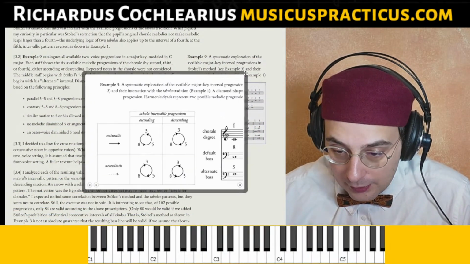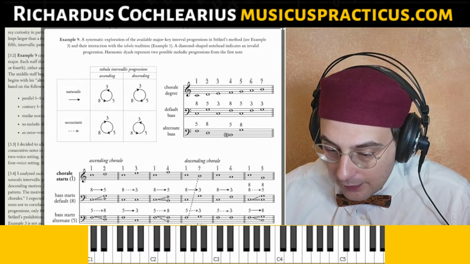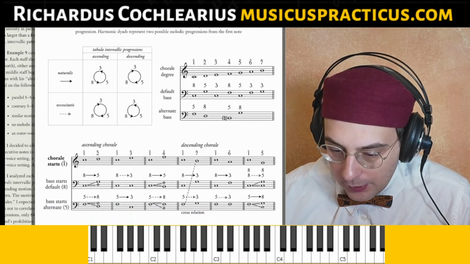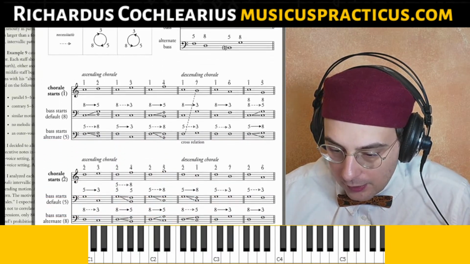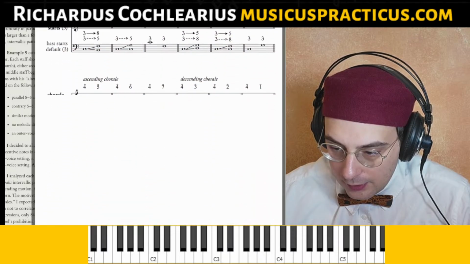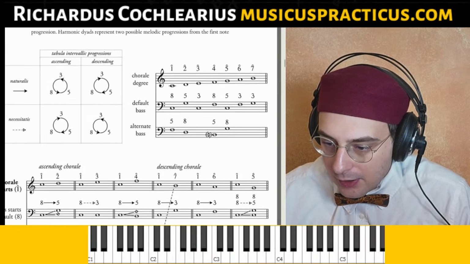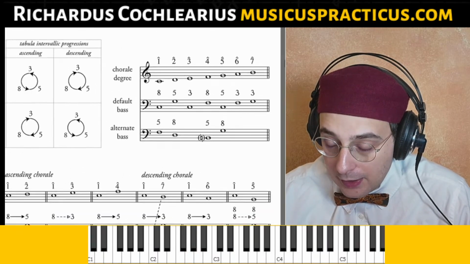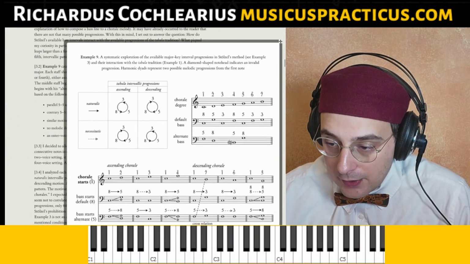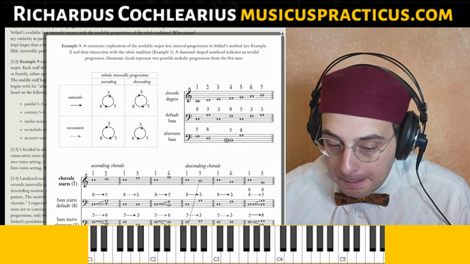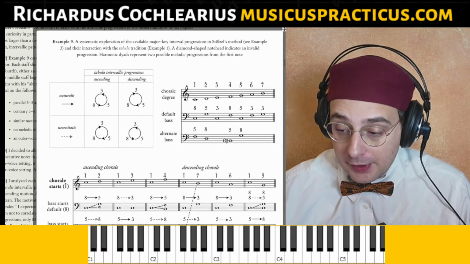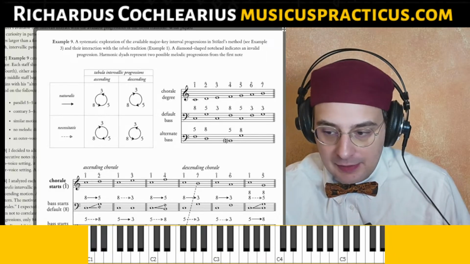Let's see what's happening. So we have a comparison between this table and the chorale. This is the table by Stölzel, the given melody.